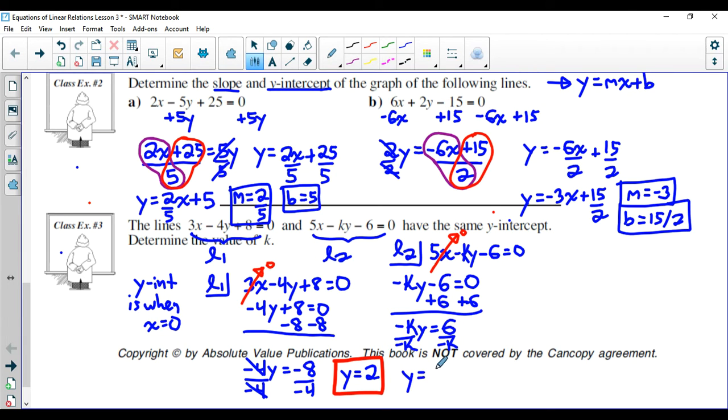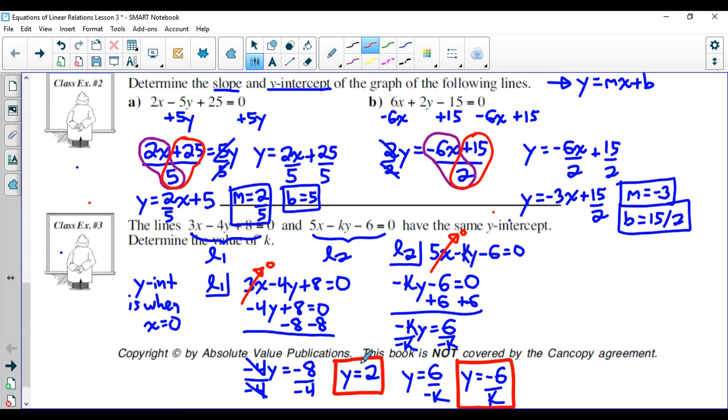And then this would tell you that the y-intercept on the second graph is 6 over negative k. Or I'm just going to move the negative up to the top here, so y is equal to negative 6 over k. And I'm also going to box this equation.